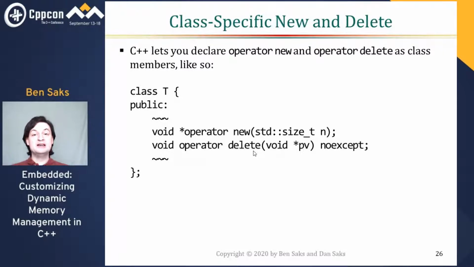So that is a technique that you can use. I'm just going to show it to you for one type, but it's relatively easy to generalize to use the same pool for several types. Okay.